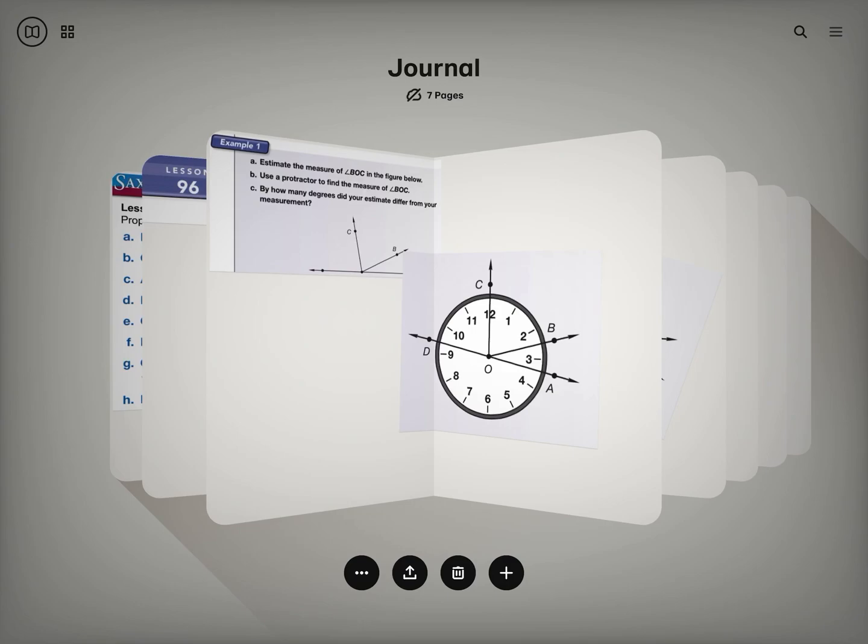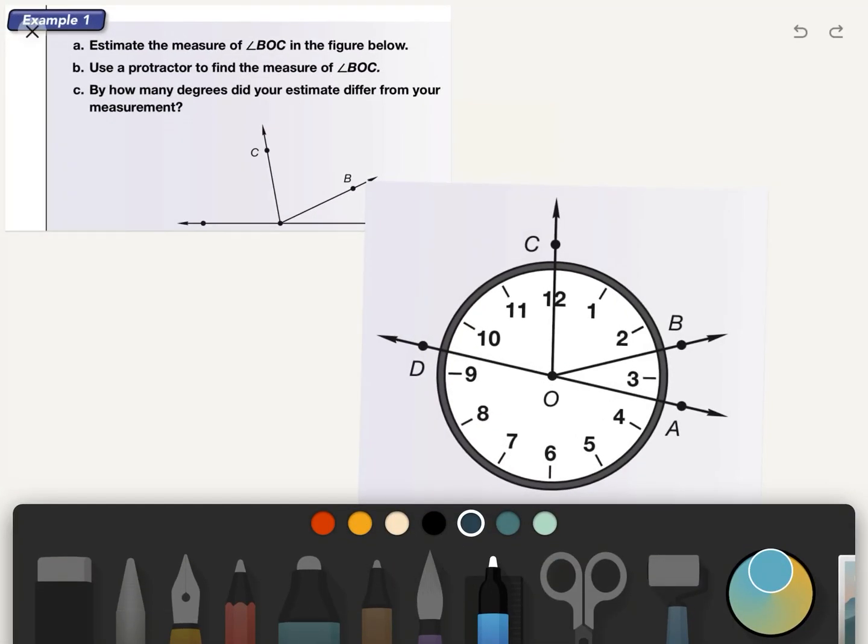In fact, that works so well that it sort of renders the first example almost a little bit moot, because they give us a bunch of gymnastics to go through to estimate, but I don't think we really need any of it. So let's look at the example though. Estimate the measure of BOC in the figure below.